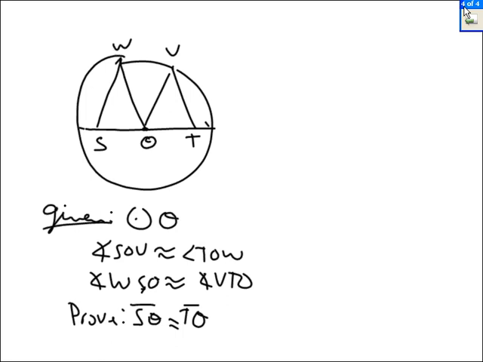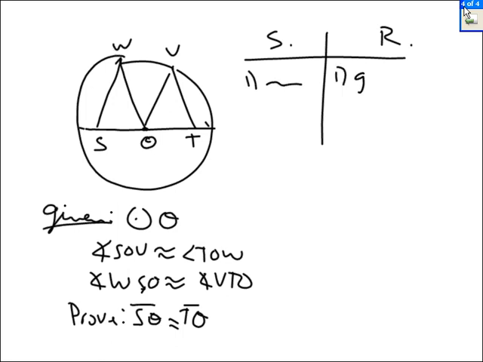Okay. So we have statements, we have reasons. The first one is everything that's given. The justification was given. Now, angle SOV, which is this angle right here, is congruent to TOW, which is this angle right here.